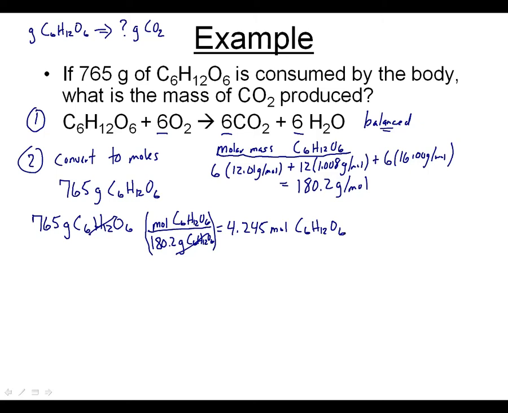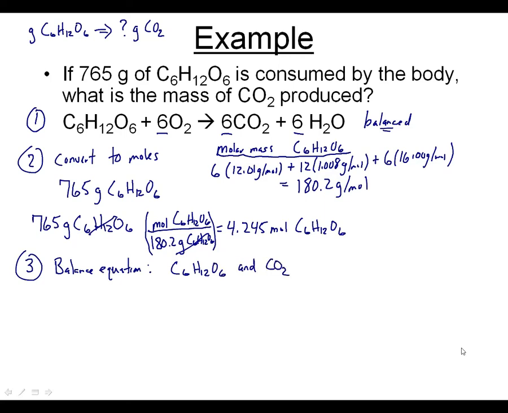Now, in this case, we now want to do step number 3, which is, again, the stoichiometry part. We want to go to the balanced equation. And we want to find the 2 things we're interested in. And in this case, we're interested in C6H12O6 and CO2.